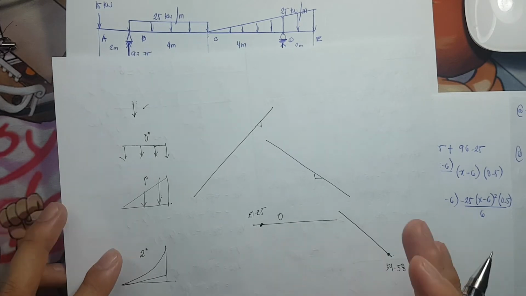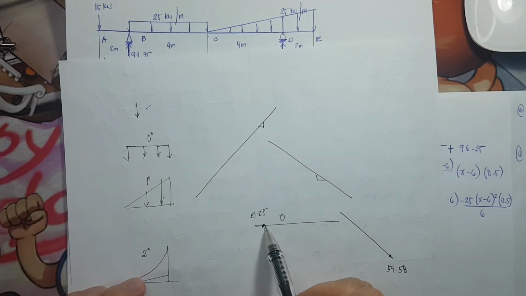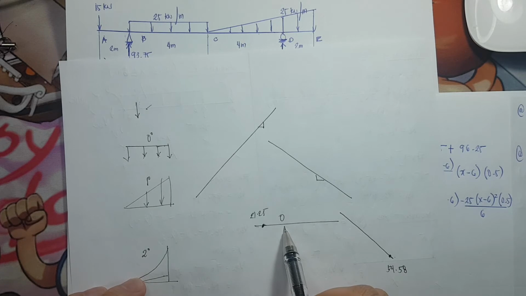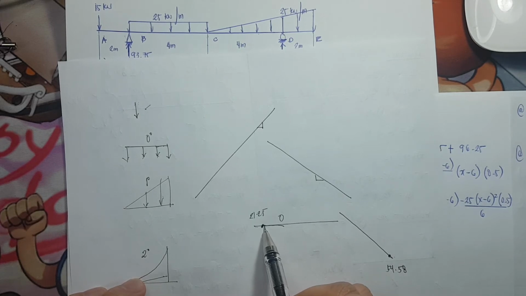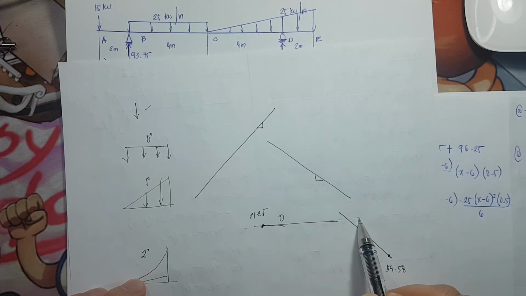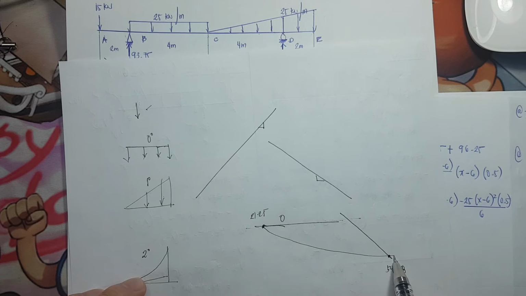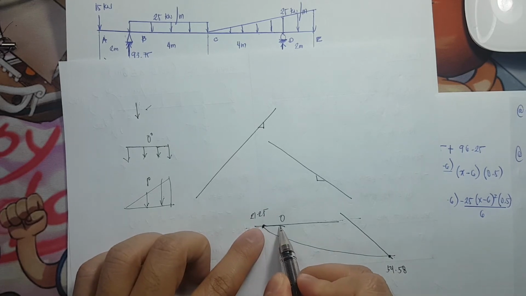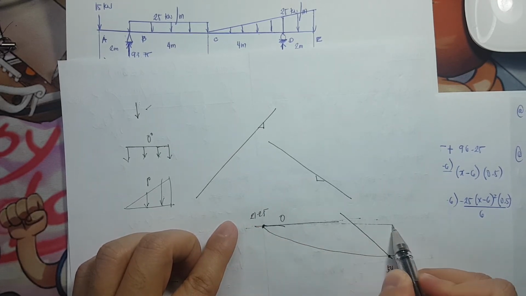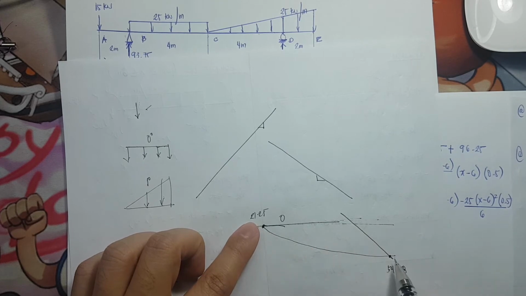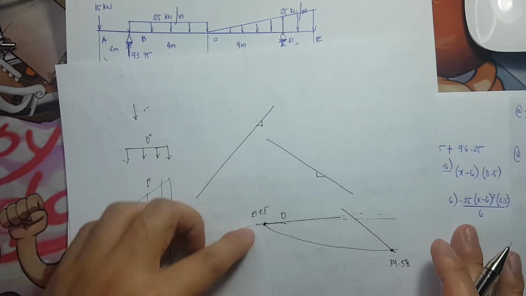Kumbaga, habang papalapit yung curve natin sa point of tangency, papalapit din yung ibang parts ng curve sa point of tangency. So, ibig sabihin, hindi pwedeng paganito yung curve natin kasi hindi siya lumalapit sa slope natin. Dapat lumalapit yung curve sa slope until it reaches the point of tangency.